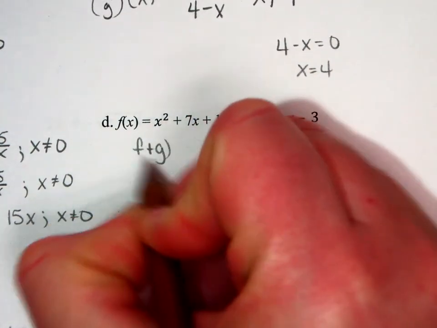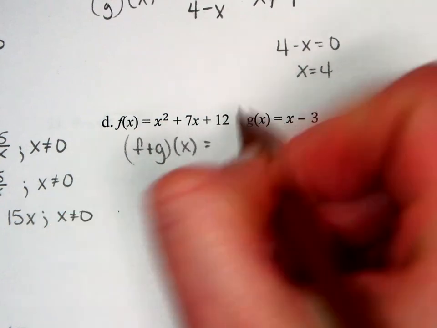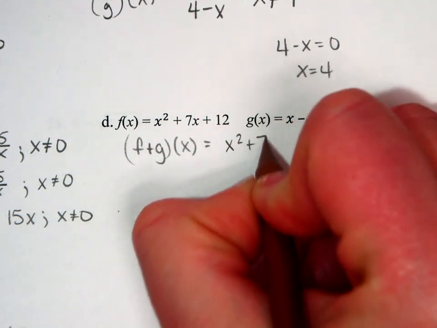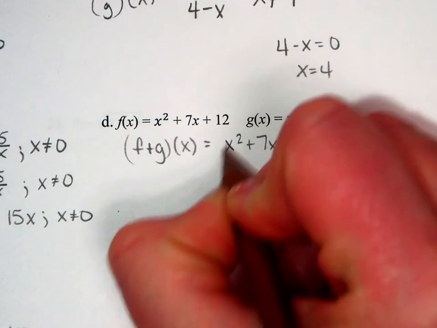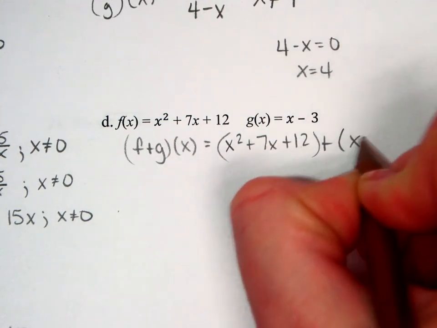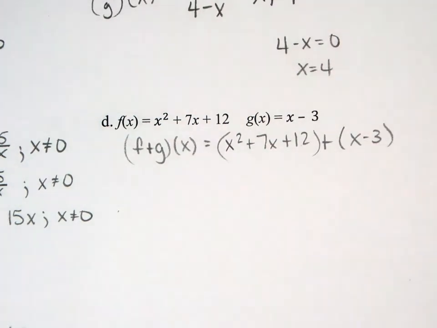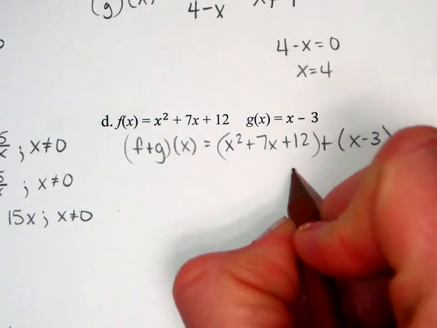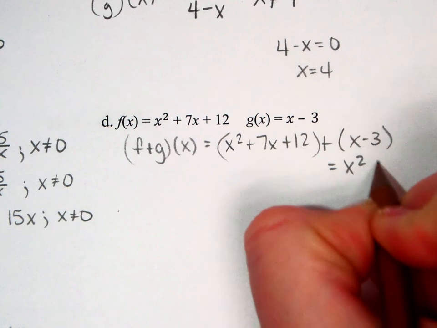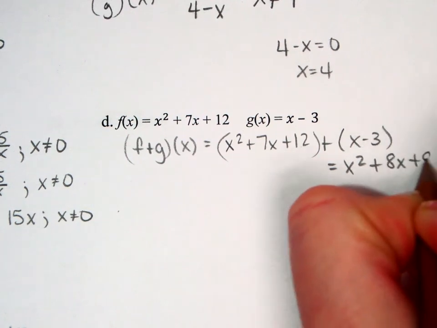F plus g of x equals x squared plus 7x plus 12 plus x minus 3. X squared, 7x, negative 3. So x squared plus 8x plus 9.